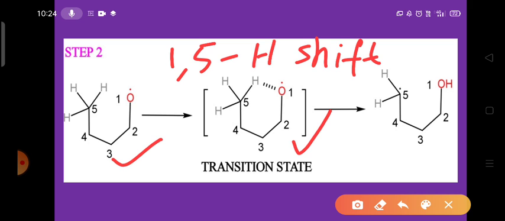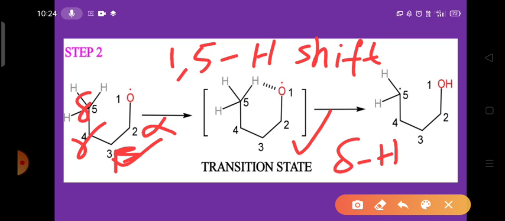If we use Greek letters for the numbering, we name the positions alpha, beta, gamma, and delta. So the Barton reaction is also known as delta H abstraction. We can call it delta H abstraction, otherwise 1,5 hydrogen shift. These two names we can use for step 2.